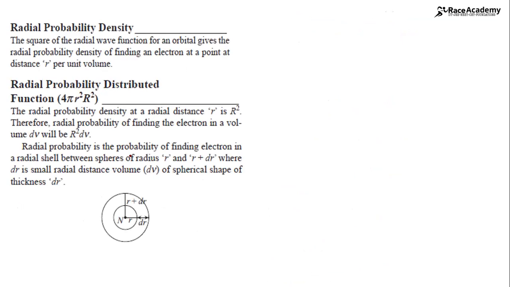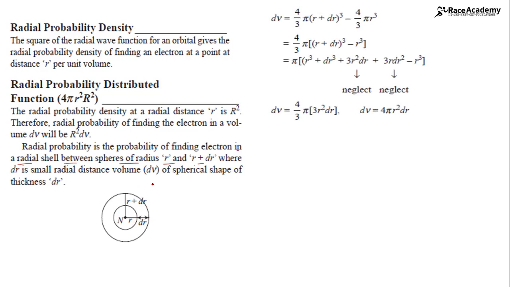The radial probability is the probability of finding the electron in a radial shell between spheres of radius r and r plus dr. This is the bigger sphere of radius r plus dr, and a smaller sphere of radius r, and the spherical thickness is dr. Now they calculate the change dV, and after neglecting the 3r square dr and 3r dr square terms in the expression, finally they have got dV as 4 pi r square dr.